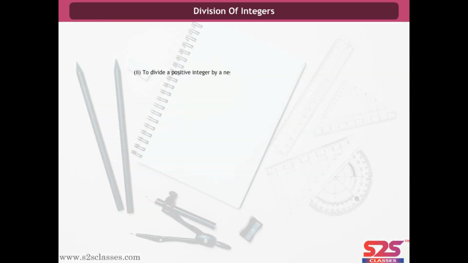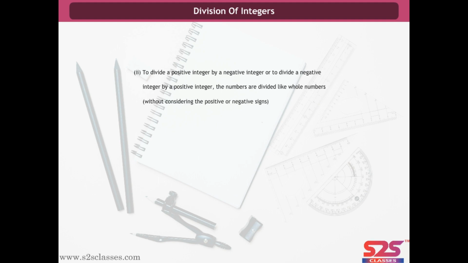To divide a positive integer by a negative integer or to divide a negative integer by a positive integer, the numbers are divided like whole numbers, without considering the positive or negative signs. And the quotient carries a negative sign. Thus, if A and B are two positive integers, then A divided by -B is equal to -A divided by B, where B is not equal to 0.